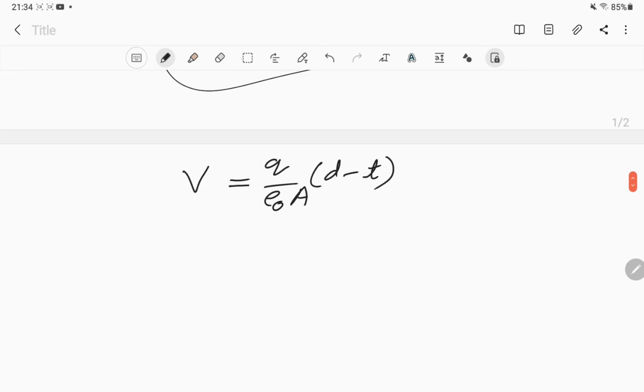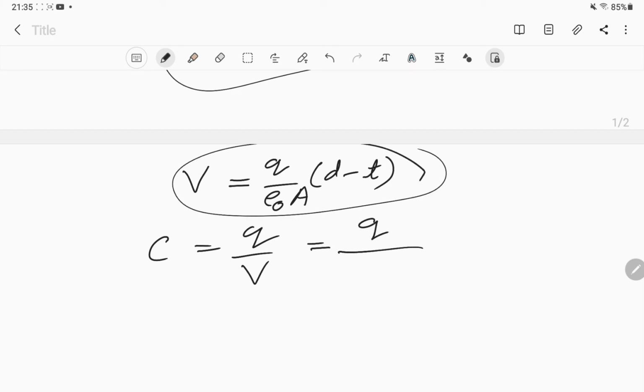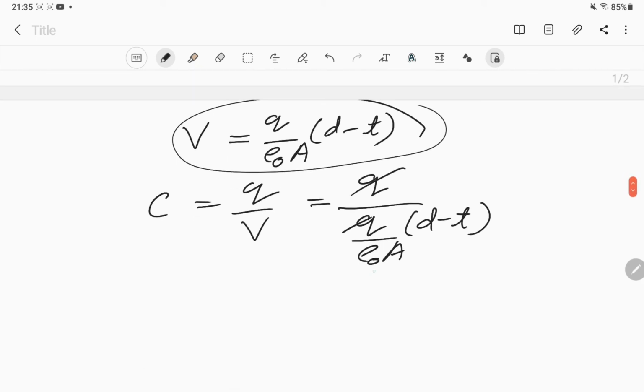Now what is capacitance? Capacitance is Q by V. So Q is Q, and V is Q by epsilon naught A into D minus T. This Q and this Q will cancel, and epsilon naught A will go up, so C equals epsilon naught A by D minus T. This is the capacitance.